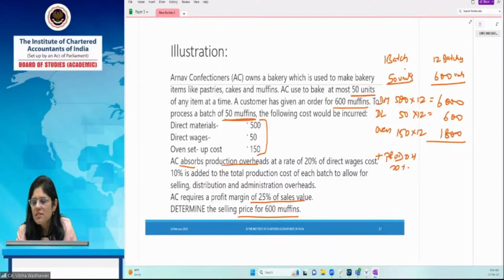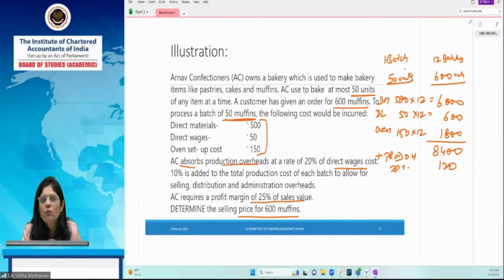Oven cost is 1800. So how much is the total direct cost? 6,000 plus 600 plus 1800. It should be 8,400 total. Production overhead is 20% of wages. So wages are 600, 20% is 120. Clear?